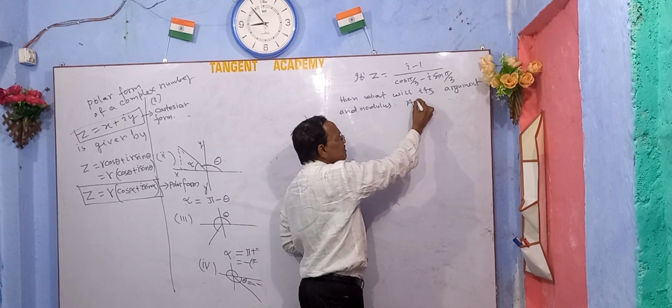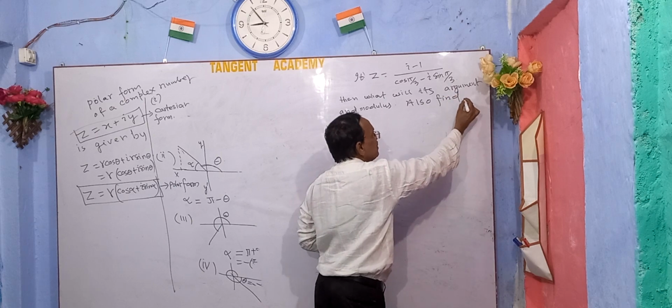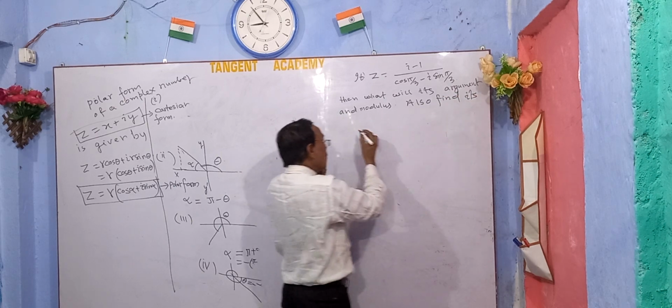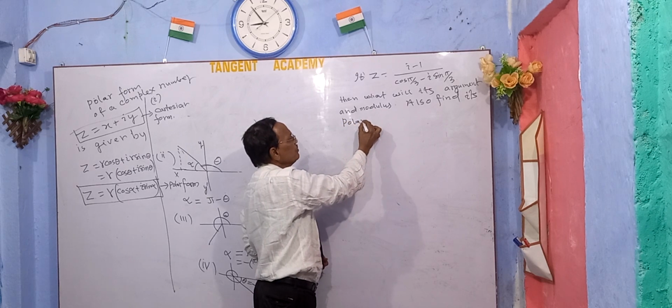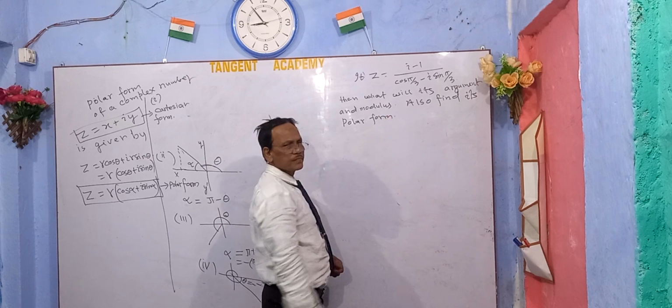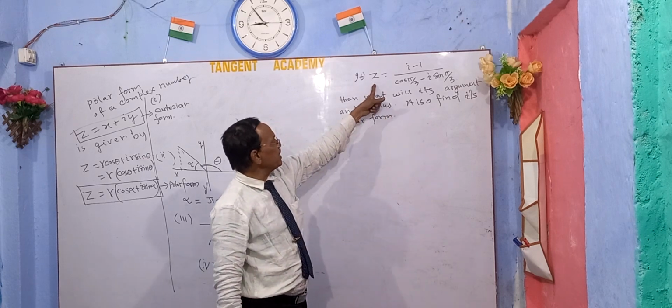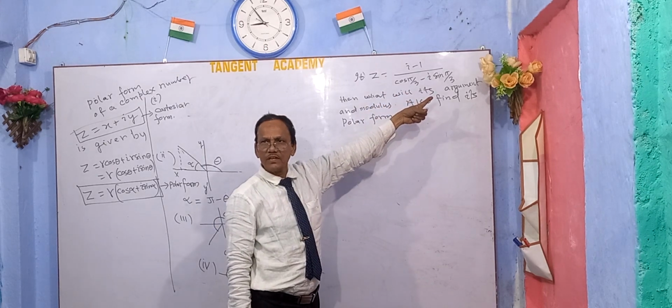Also find its polar form. This is the question. z is equal to i minus 1 divided by cos pi by 3 minus i sin pi by 3.